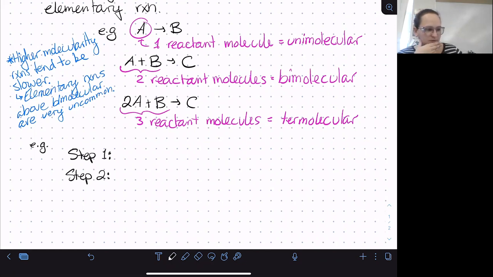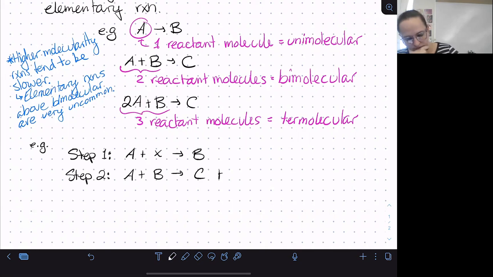So two-step mechanism here. In the first step, A reacts with X to form B. In the second step, another molecule of A reacts with B to form C and X. So again, just super generic things to get the gist here. So these are our individual steps.